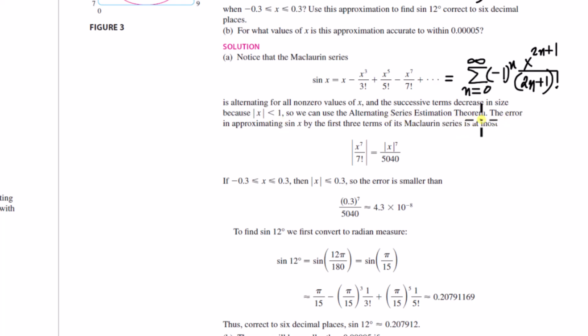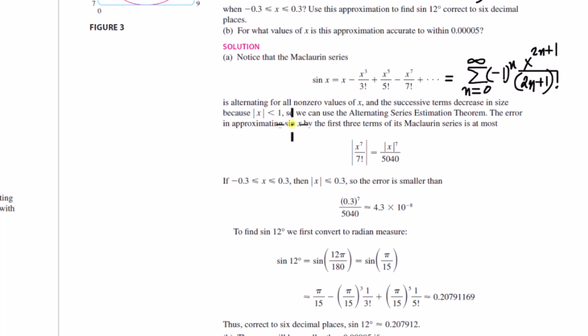So how do we apply the alternating series estimation theorem? The notation is going to get confusing again. We're using a certain partial sum with a certain number of terms, and we check the next term that we didn't include in the partial sum. The absolute value of that term is going to be the ceiling on the error.